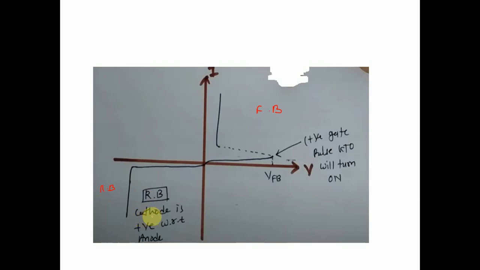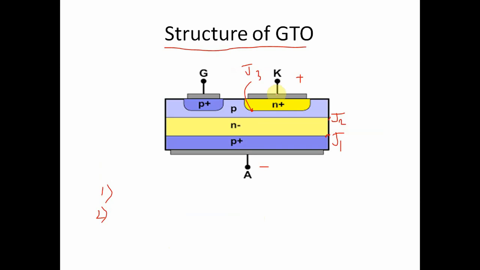So here I am writing that the cathode is positive with respect to the anode. Due to this, junction J3 is reverse biased. Why? Because the positive terminal is connected directly to the N region, and the negative terminal is connected to the P region. So junction J3 is reverse biased.